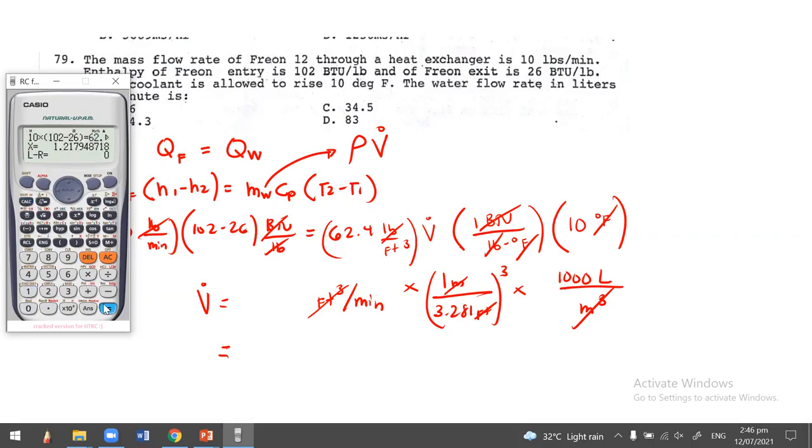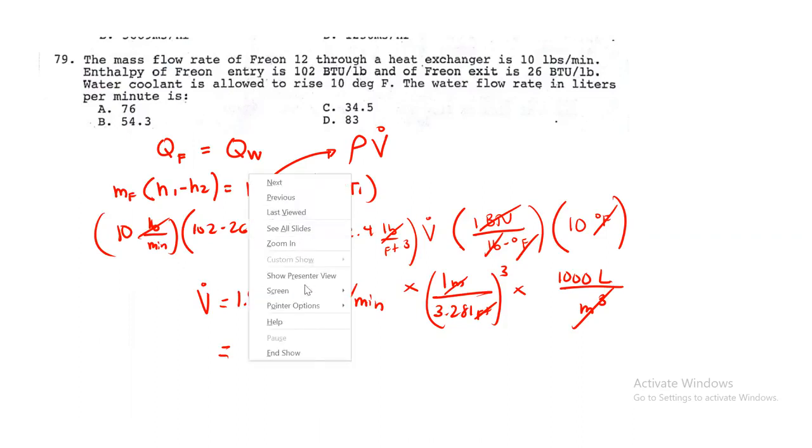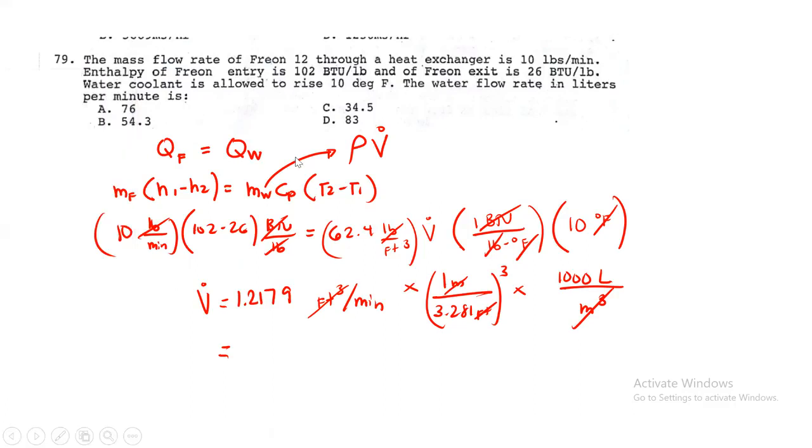So shift solve. So 1.2179. So times 1 over 3.281 raised to 3 times 1,000. So ang sagot is 34.48 liters per minute. So the answer is letter C.